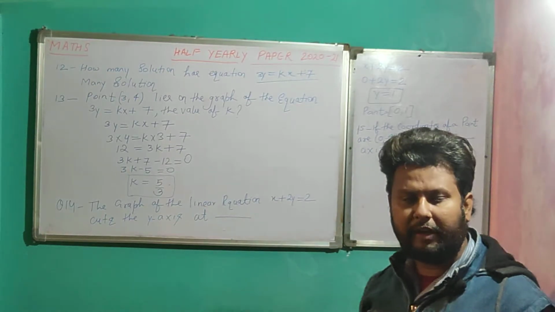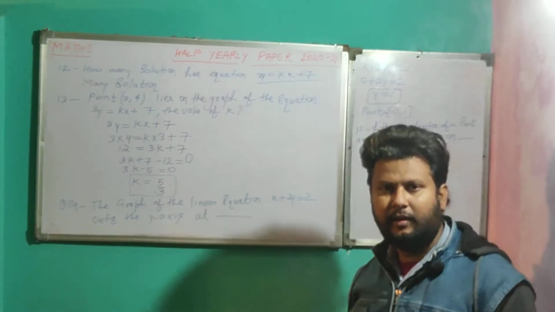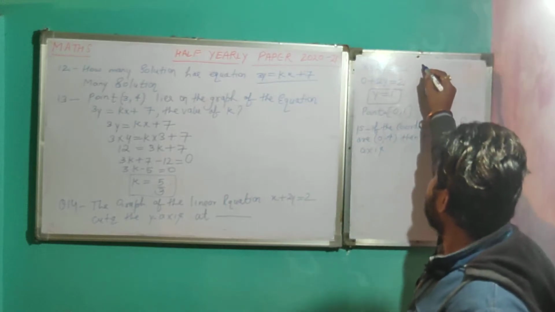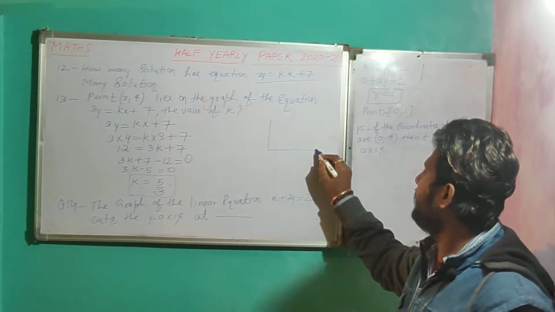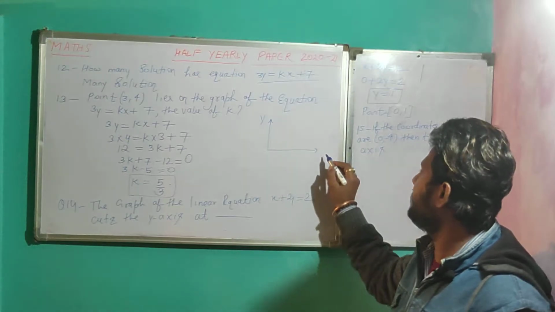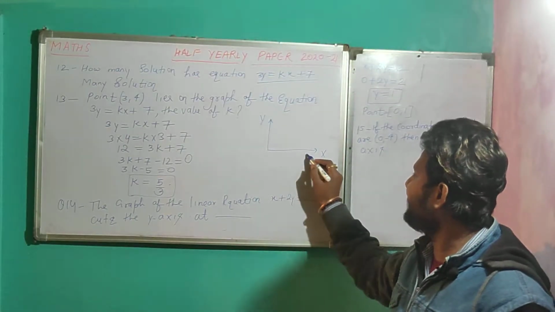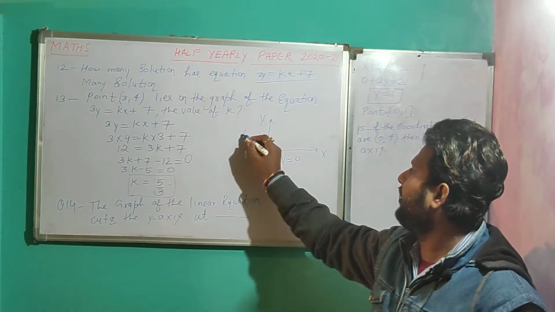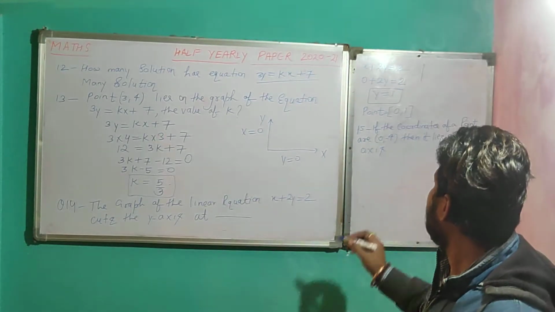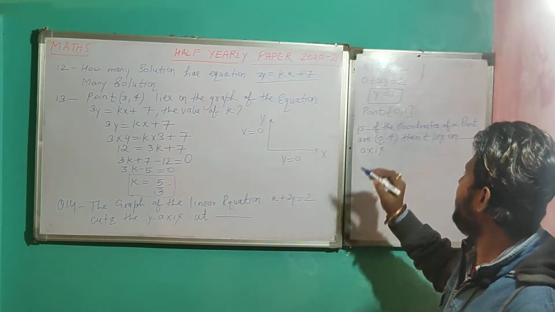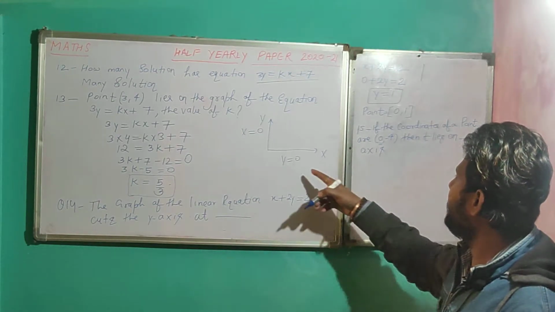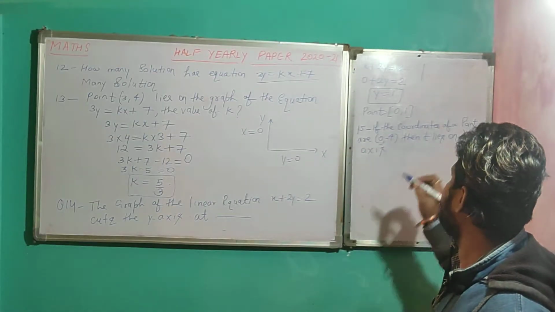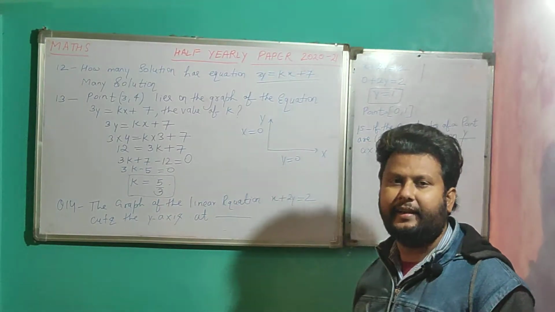We know very well that on the x-axis, the value of y is 0, and on the y-axis, the value of x is 0. You can see over here, the x coordinate is 0, that means that point will lie on the y-axis.